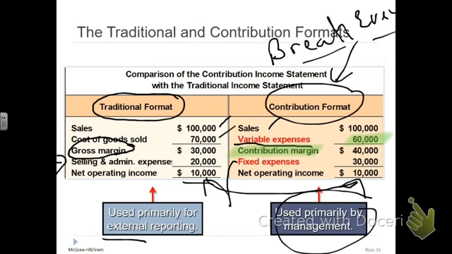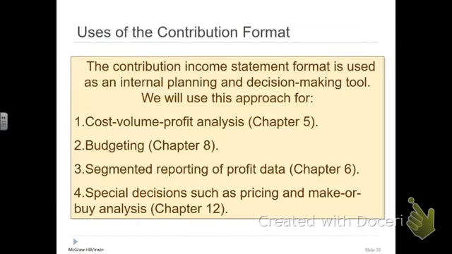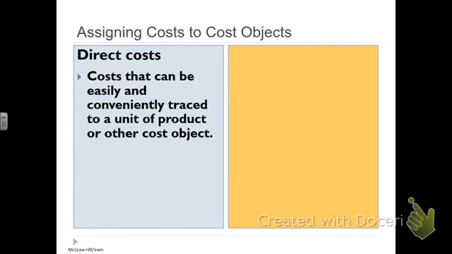One of the beauties of the contribution format income statement is it allows us to calculate things like break-even. Notice that contribution margin format is going to be used throughout the rest of the text, so we're going to come back to it in a number of cases as the semester goes on.